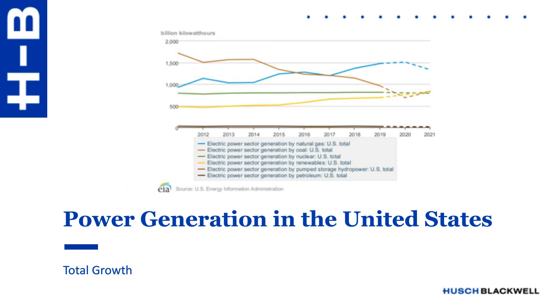Now we're going from a worldwide basis down to power generation in the U.S. This chart here will show us what the 10-year trends have been by energy sector in the U.S., and then the dotted lines on the far right are projections for the end of 2020 and 2021.